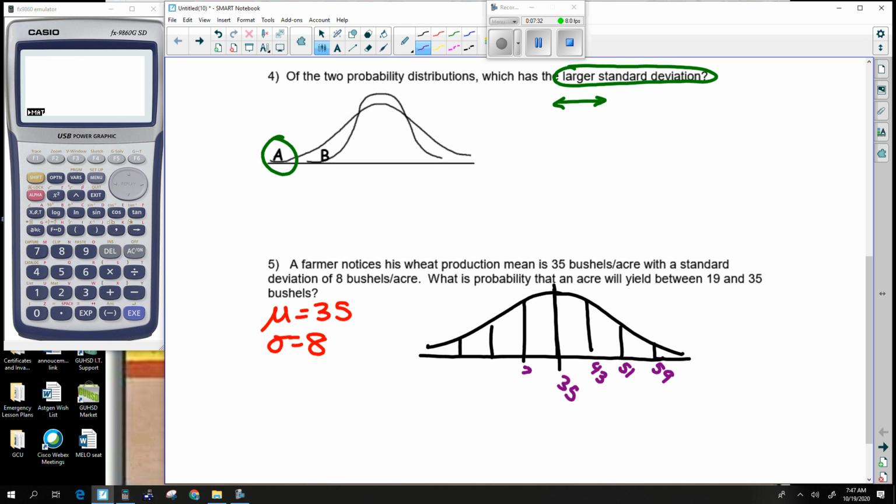Going down, that would be 27, 19, and 11. And we want anywhere between 19 and 35. So that means we're starting at 19 and we're going up to 35. That would be this 13.5 and this 34. So 13.5 and 34 is 47.5%.